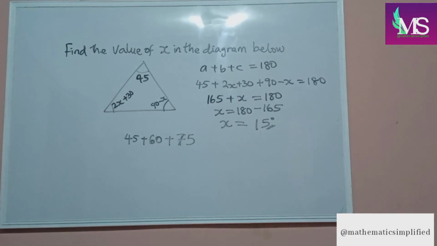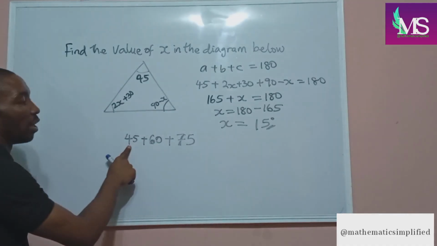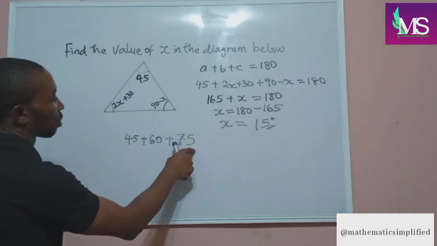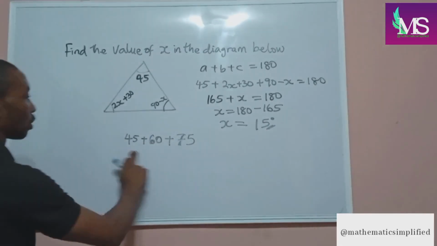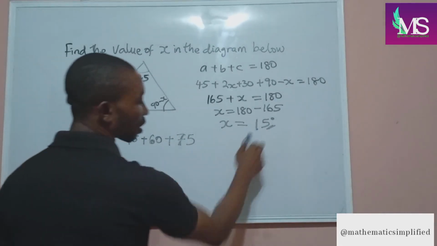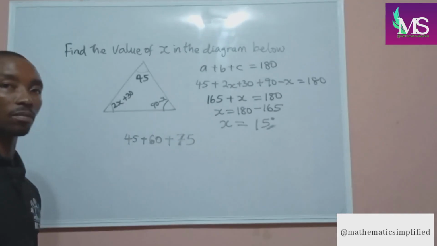Let's add all of this up to see if we are having 180. This plus this is 105, plus 75 will give us 180, which makes our answer correct.